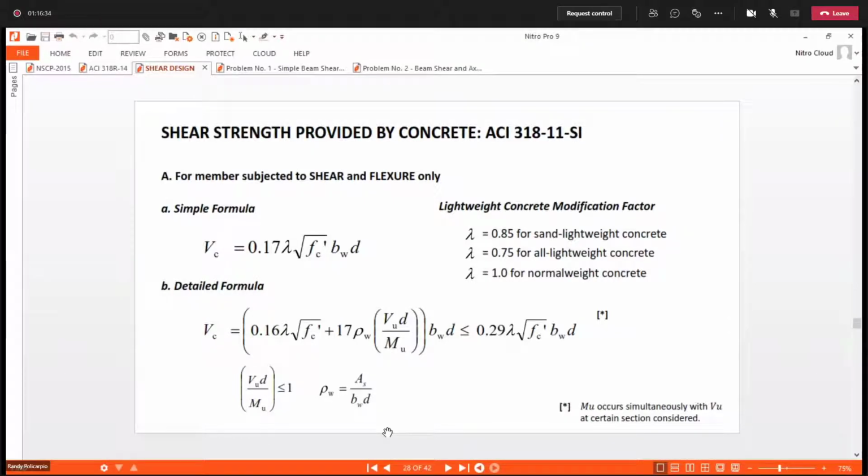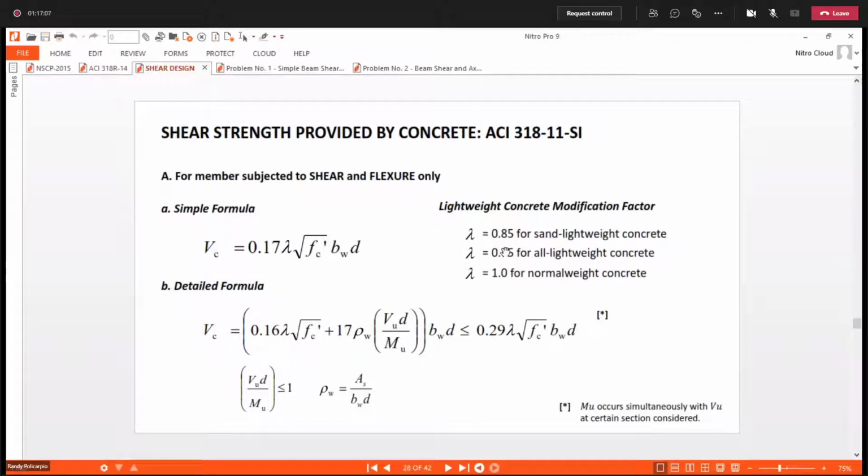The attainment of this Vc is based on tests, and using the data they created these formulas. These formulas are considered empirical because they conform to results from experiments. So these are the formulas we will use in solving for Vc.